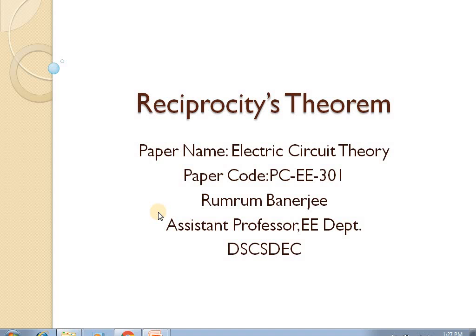Basically, those theorems are helpful for solving network problems which are complex in nature, but these theorems make the total network simple, and it is easier to solve the problem using them.